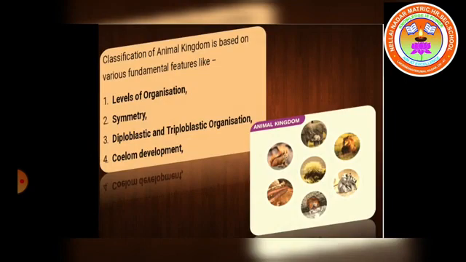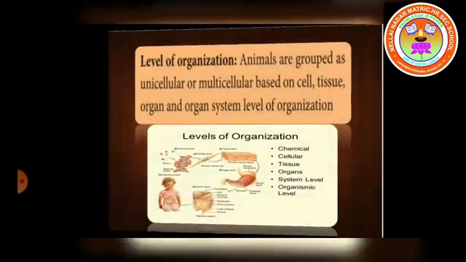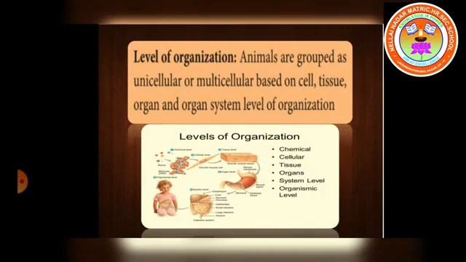Classification of the animal kingdom is based on various fundamental features like levels of organization, symmetry, diploblastic and triploblastic organization, coelom development. So based on these categories, the animal kingdom is classified. Let us see about them one by one.